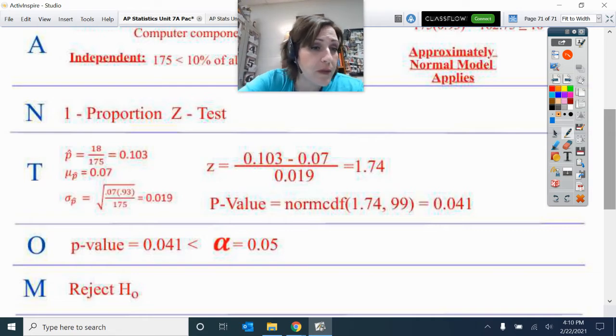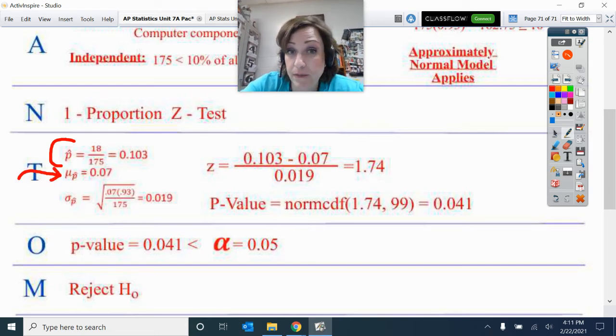So here we go. My P hat, that's my sample results, my 18 out of my 175, is 0.103. All those samples should be centered at the claim of 0.07. Oh, I can tell, look here. I'm going to redo this here. I made a mistake. Look here.